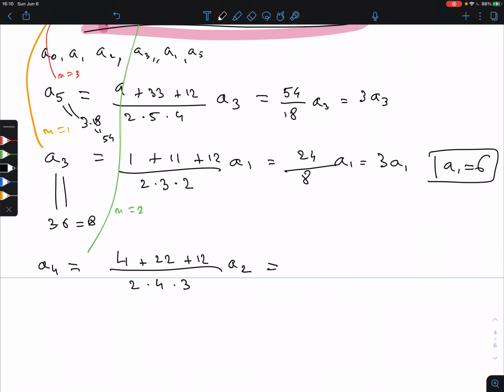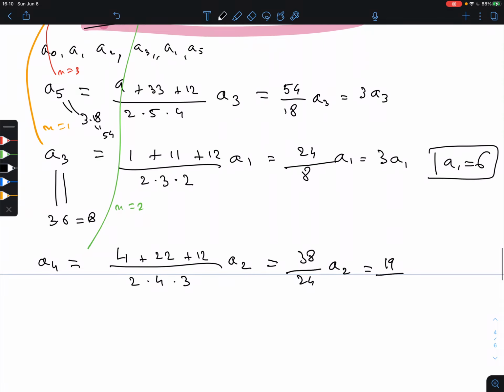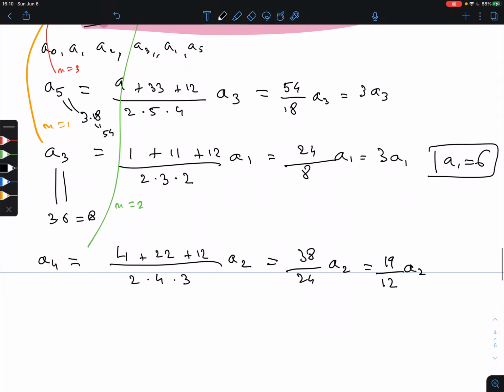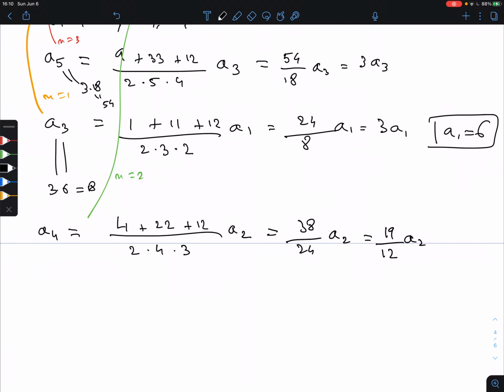So that is 1638 over 1224, A2. I can simplify it. It's 19 over 12. This time it doesn't come out so nice. A2. 34, 38, right? Just make sure. If I make a mistake, then it's not really that much is going to be happening, right?